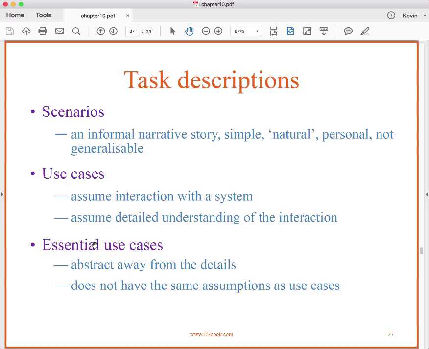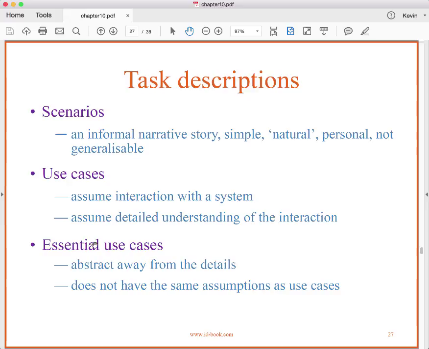And use cases can get a little bit heavyweight, and so some practitioners have boiled down an abstracted version of use cases called essential use cases.